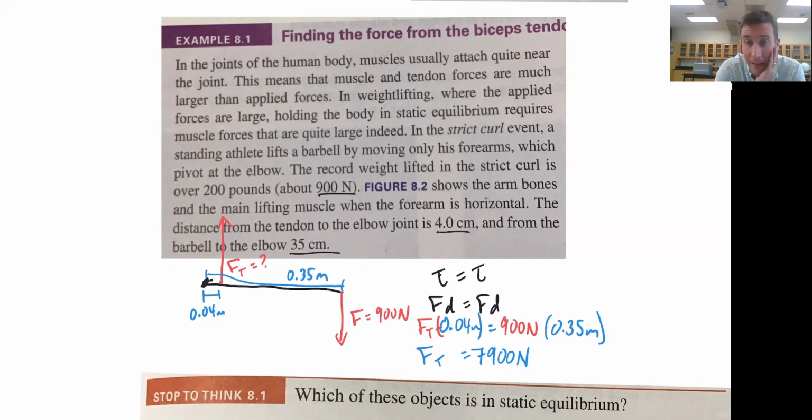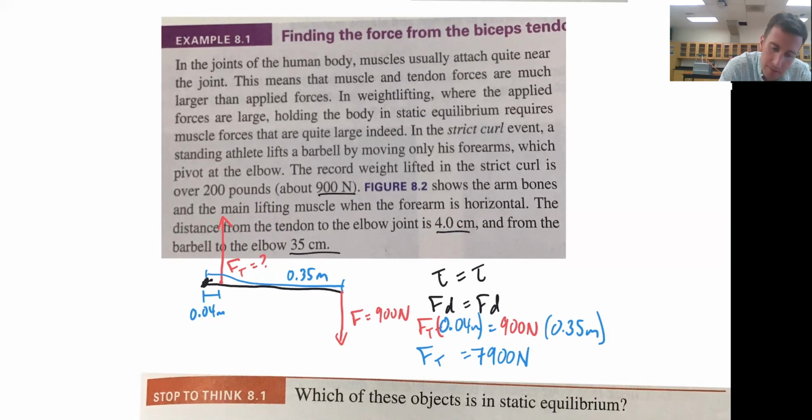Oh, but you know what I did? I made a mistake because I have 2 arms. So this would be the force if there was just one arm lifting, but I split that force between my 2 arms.